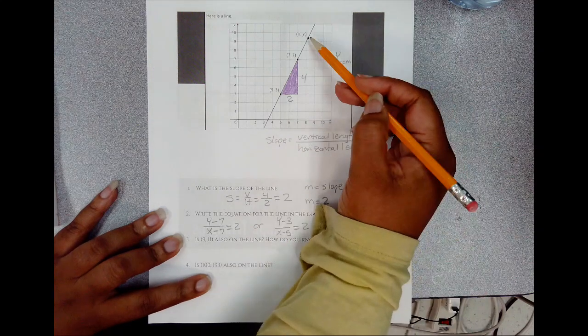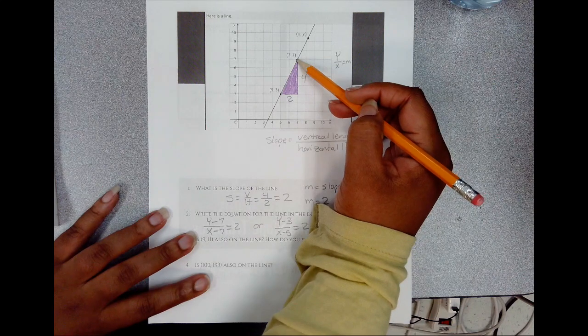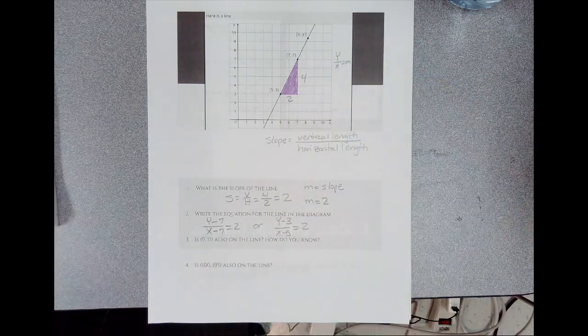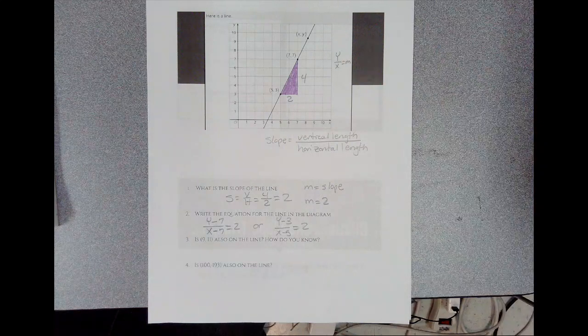If I take the point I don't know and subtract the points I do know and set that equal to the slope, that could possibly help me find that point, and that is how we're writing our equations as of now. So either one of these two would be good equations to use for this graph.